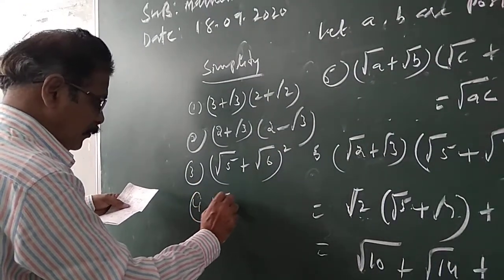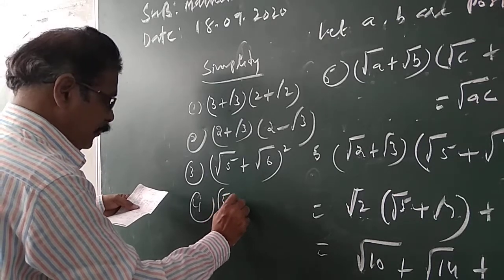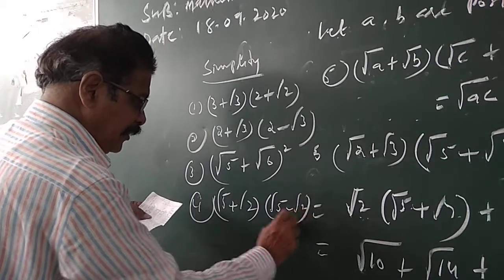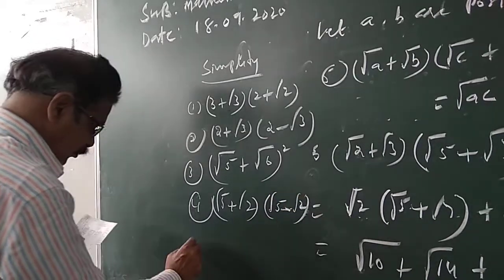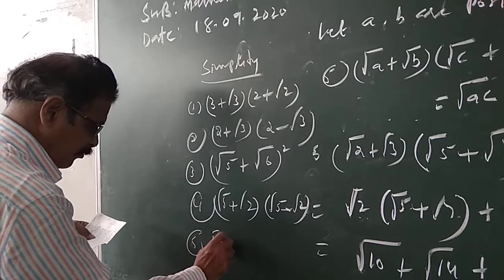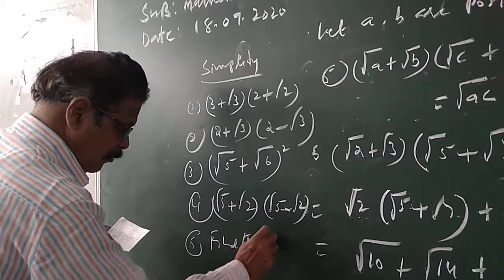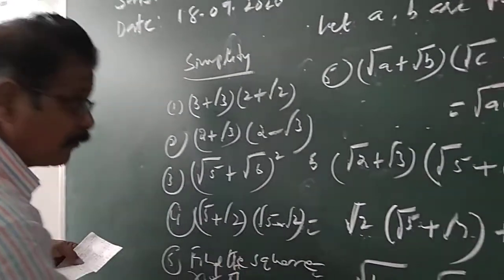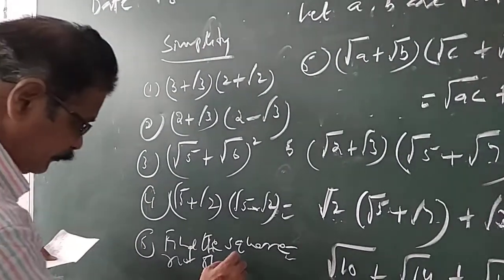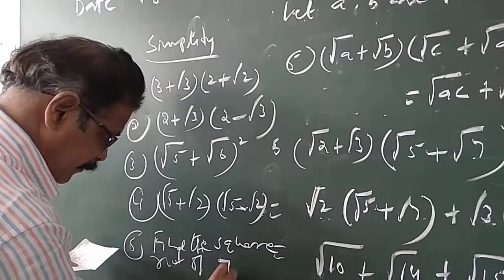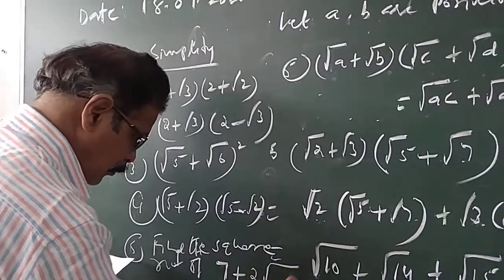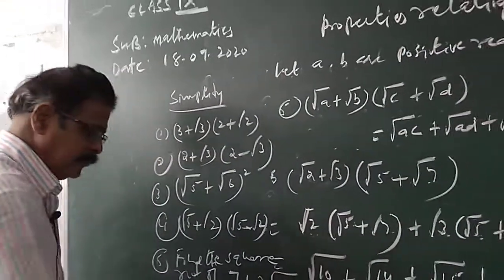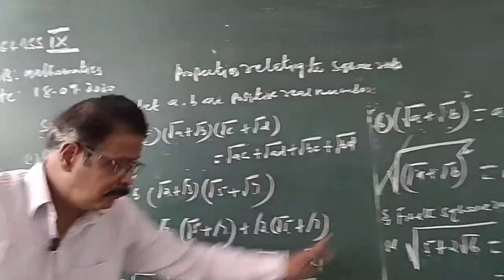Fourth: (root 5 plus root 2) into (root 5 minus root 2). Children, do these problems and also find the square root of 7 plus root 10, in the same model. This model we can do.